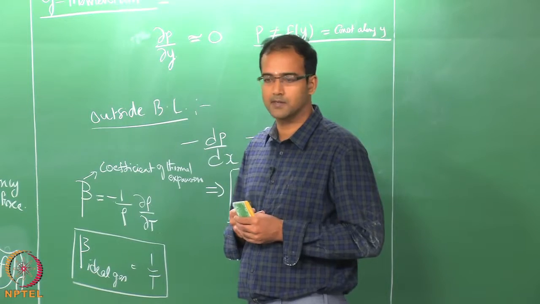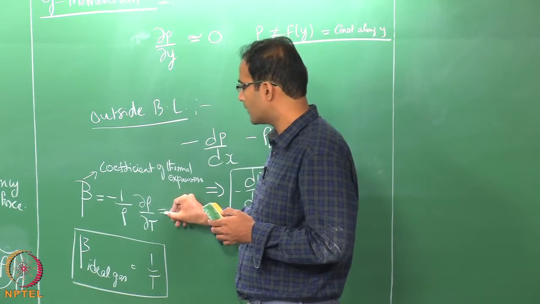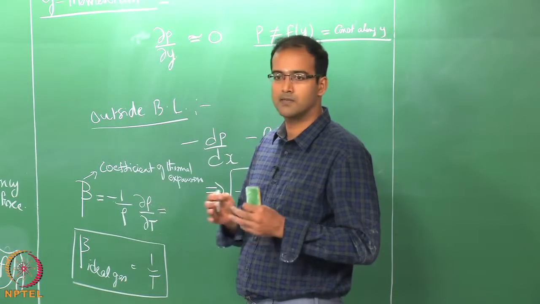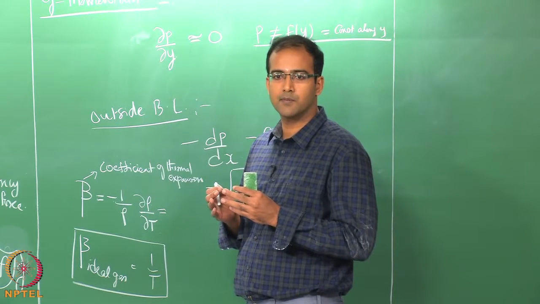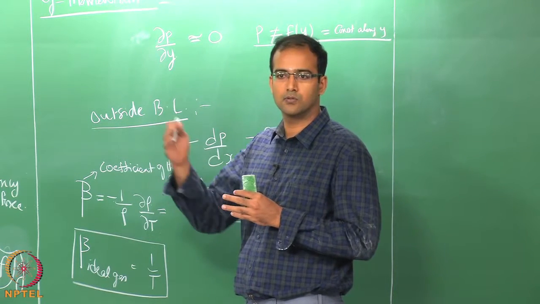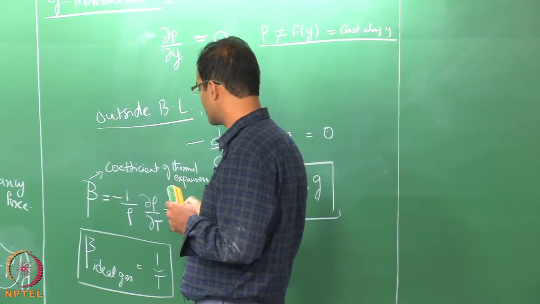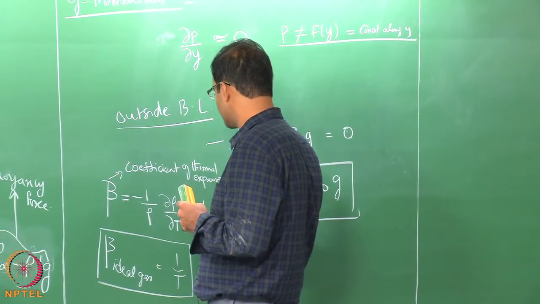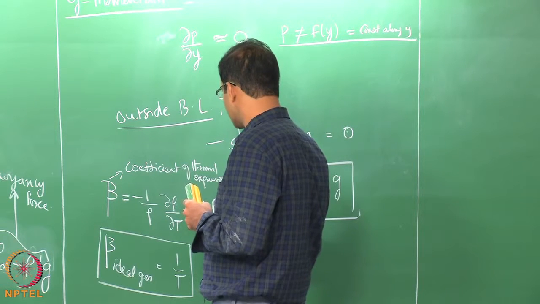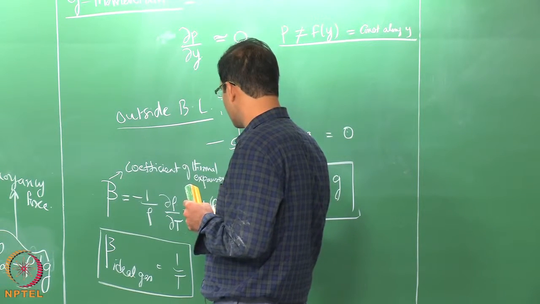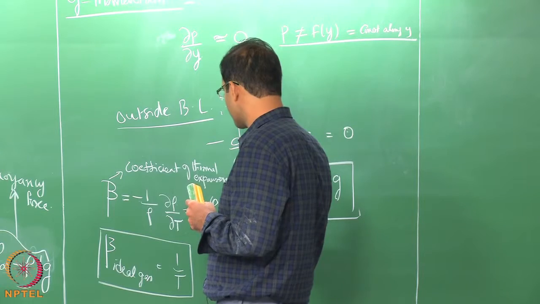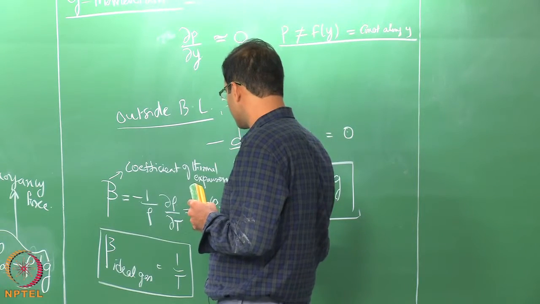with temperature, if you want to calculate the variation from some reference temperature T infinity to actual temperature T, how will this look? You have minus 1 by rho, rho minus rho infinity divided by T minus T infinity.